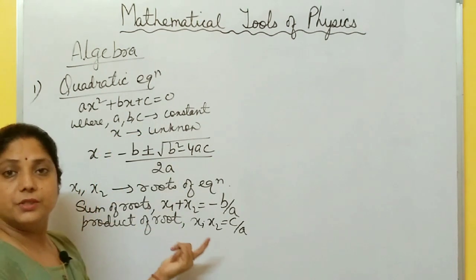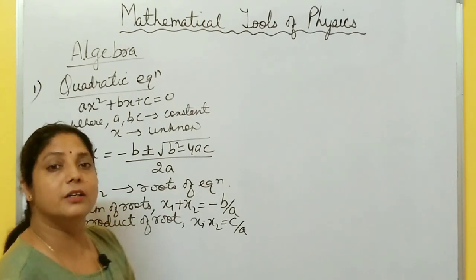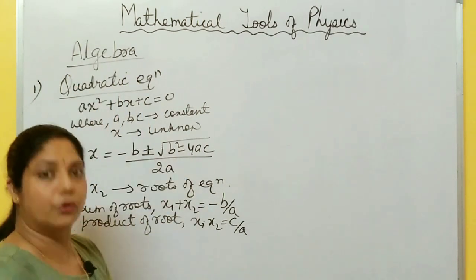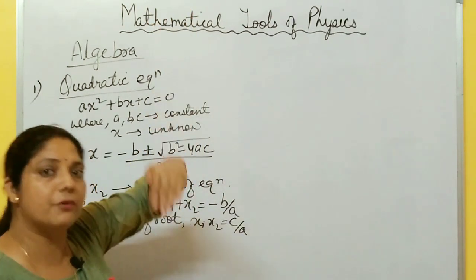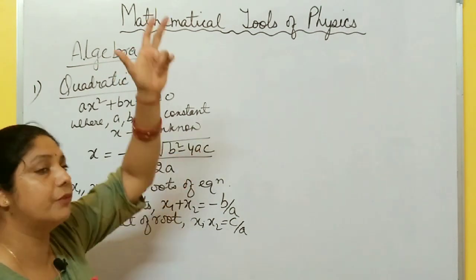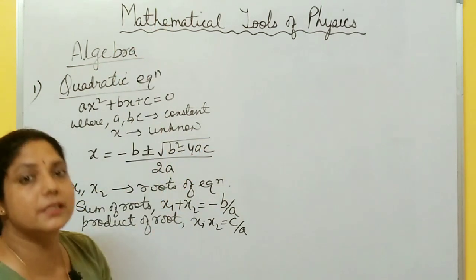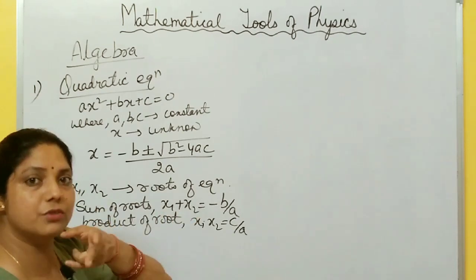And where is it used in physics? Suppose during motion, a ball is thrown upward and then again falls downward. So there are two motions, one is upward motion and the other one is downward motion. In this case, you have to calculate, at both heights, upward and downward motion, what is the time required by the body to travel that distance. So there are two values of time.